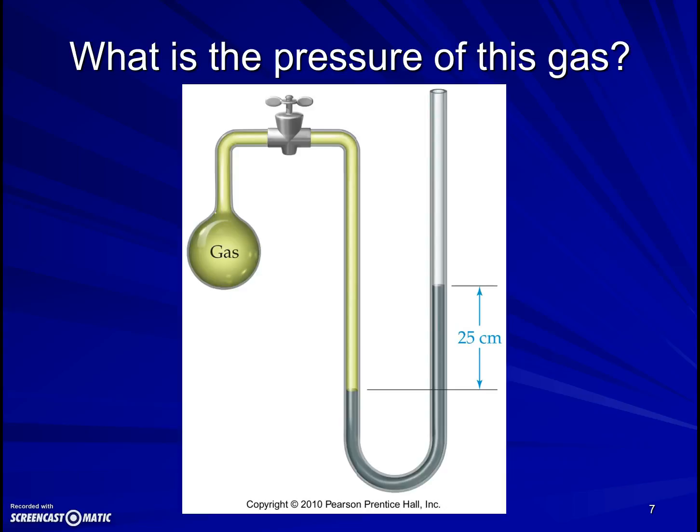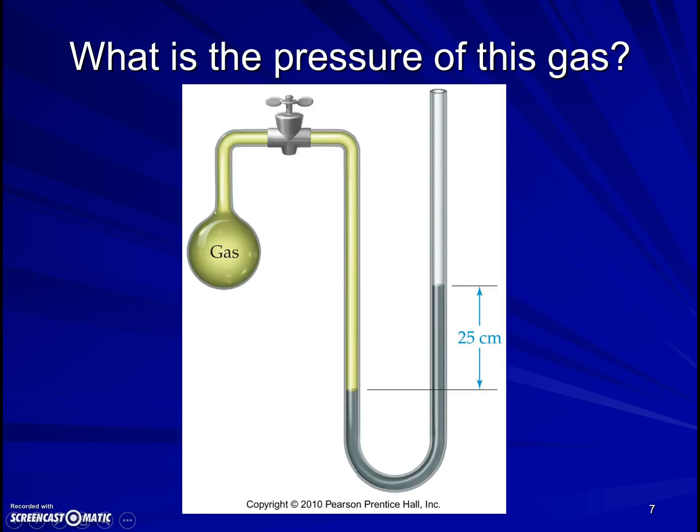So if you look at this particular container, here's a worked example for us. The question is, what is the pressure inside of that container of gas? In order to answer that question, we'd have to know the pressure outside. So let's say the pressure outside is 1 atmosphere. The pressure inside of the container is more than the pressure outside, because notice that this side is pressed down further. There's more pressure acting against this side of the mercury than this side.